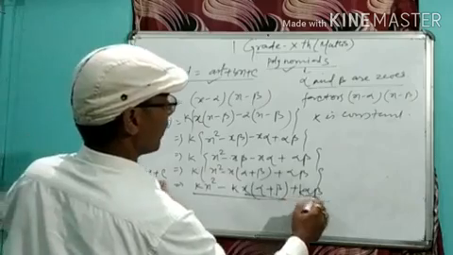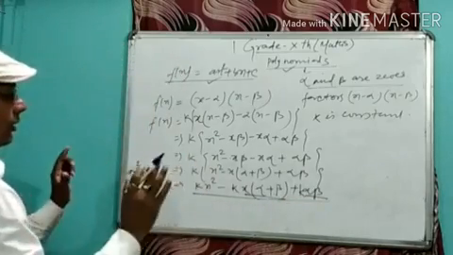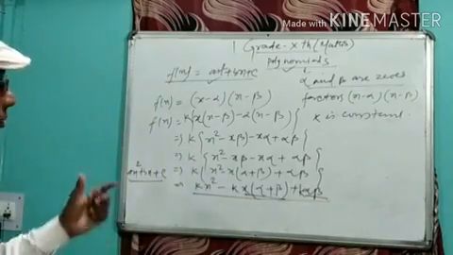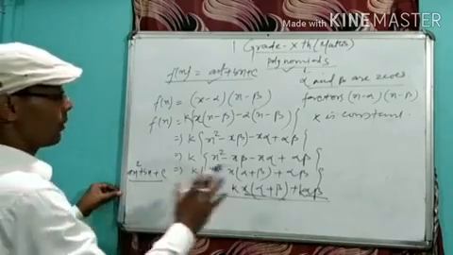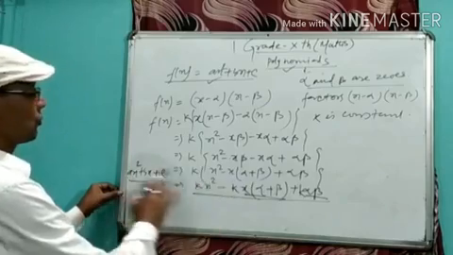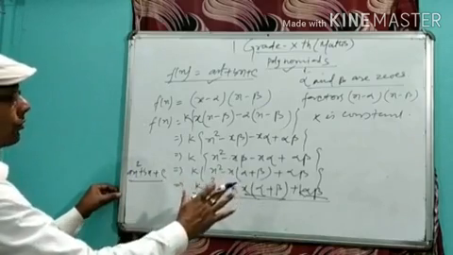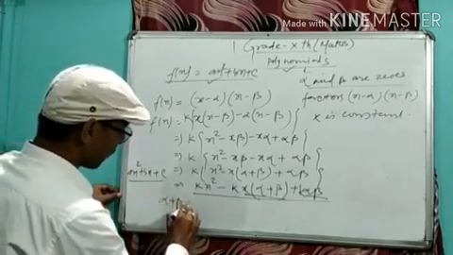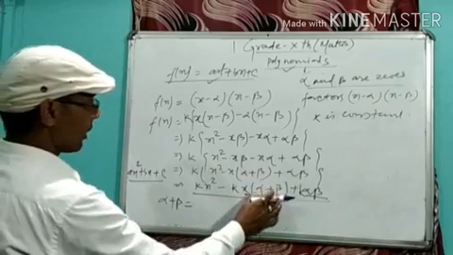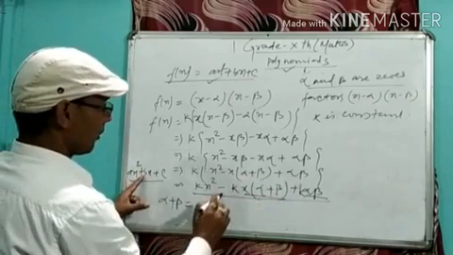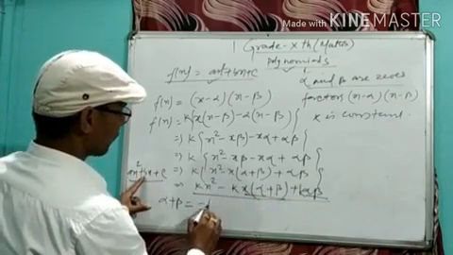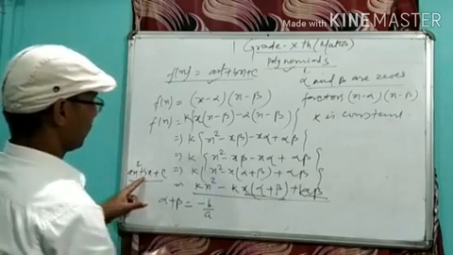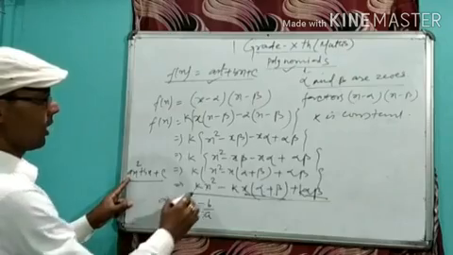By comparison between these two forms of the quadratic polynomial, we know that alpha plus beta is equal to minus b by a, the coefficient of x divided by the coefficient of x square.